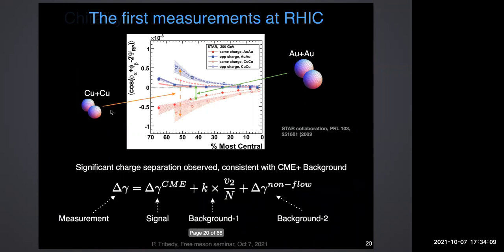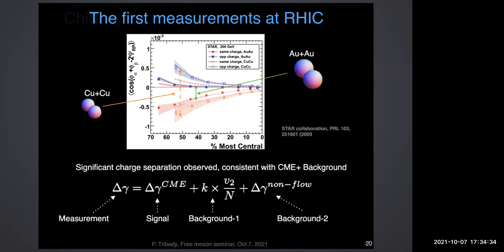So mathematically, I want to say what I am going to measure now. I have an observable, delta gamma, that I want to measure in experiment. I know that there is a contribution from signal, let's call it delta gamma CME.